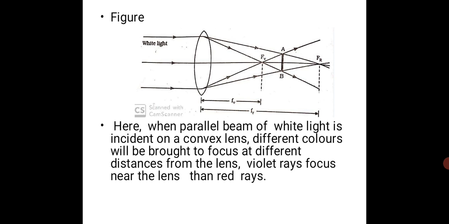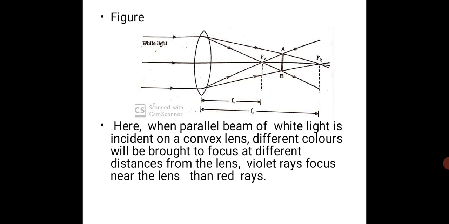The same is represented by the figure drawn here. When a parallel beam of white light falls on a lens, as you know the function of a lens is to deviate the incident ray, there will be deviation after passing through the lens.